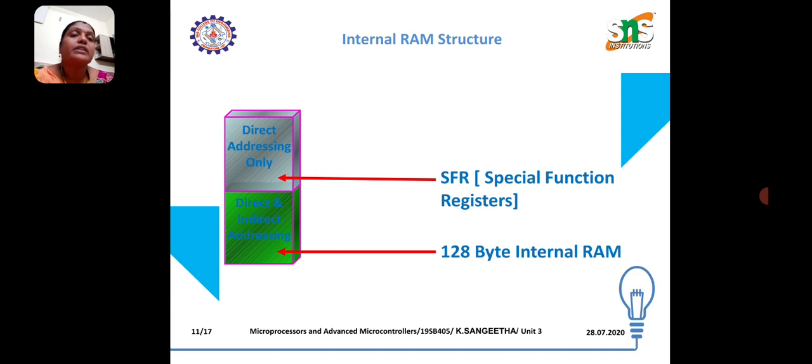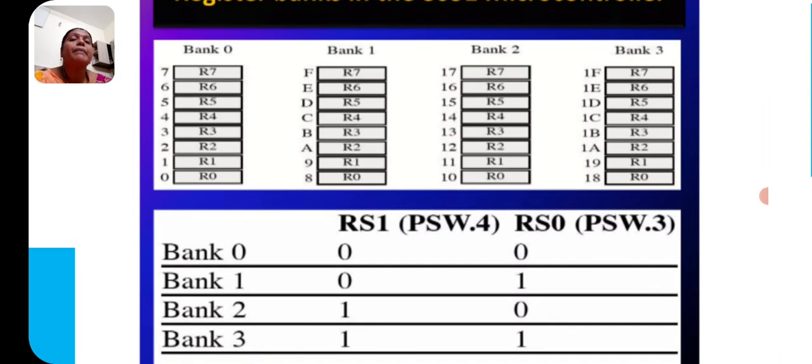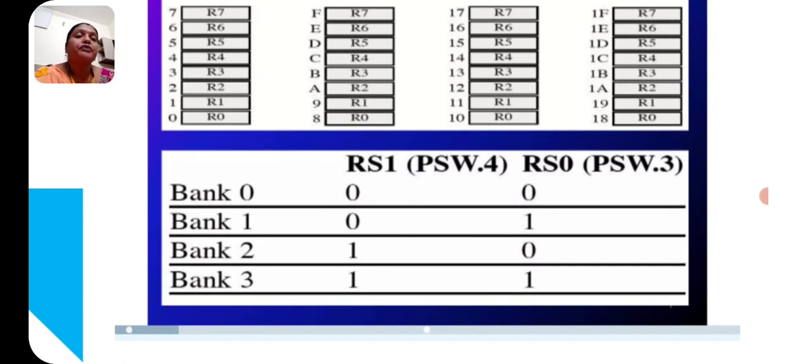Now the internal RAM structure, that is the 128-byte internal RAM and SFR. The 128 bytes is divided into 4 register banks: bank 0, bank 1, bank 2 and bank 3. All the register names in each bank are R0, R1, R2, R3, R4, R5, R6 and R7. Which bank the microprocessor accesses is known by reading the RS0 and RS1 bits of the PSW register, the program status word.